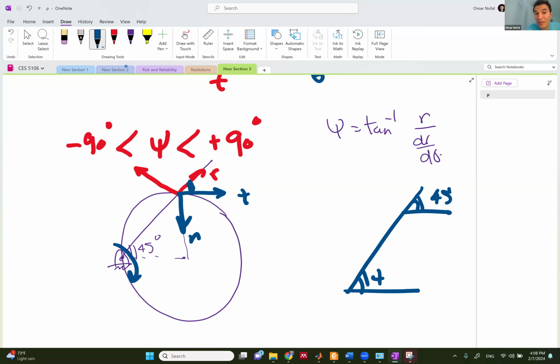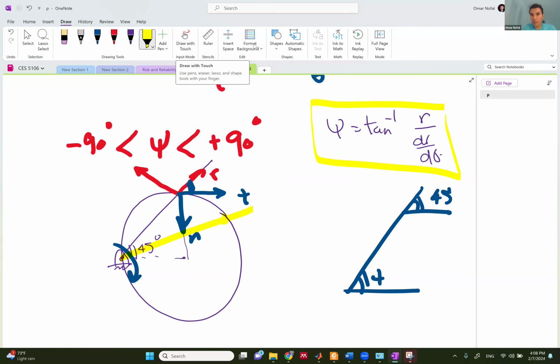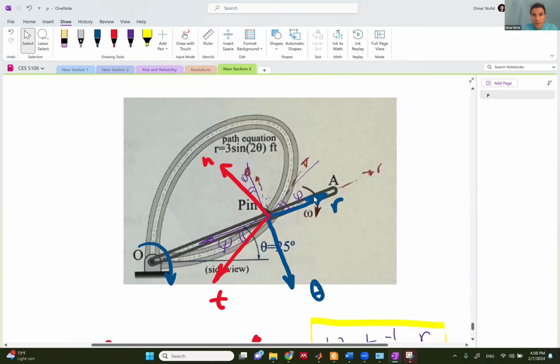Sometimes it's easy that you can predict it from the geometry, but sometimes if this arm is somewhere, for example, here, it's going to be difficult. So you need to substitute in this formula. All right, so this is how to get psi and how to map the axes.